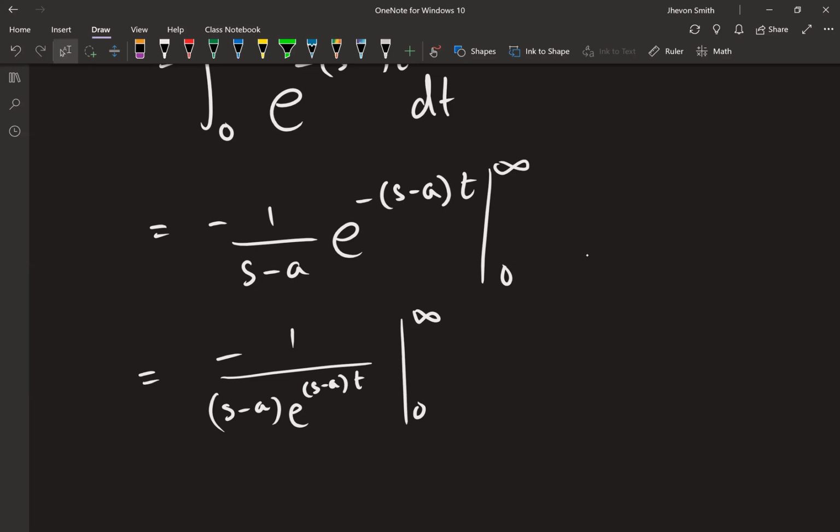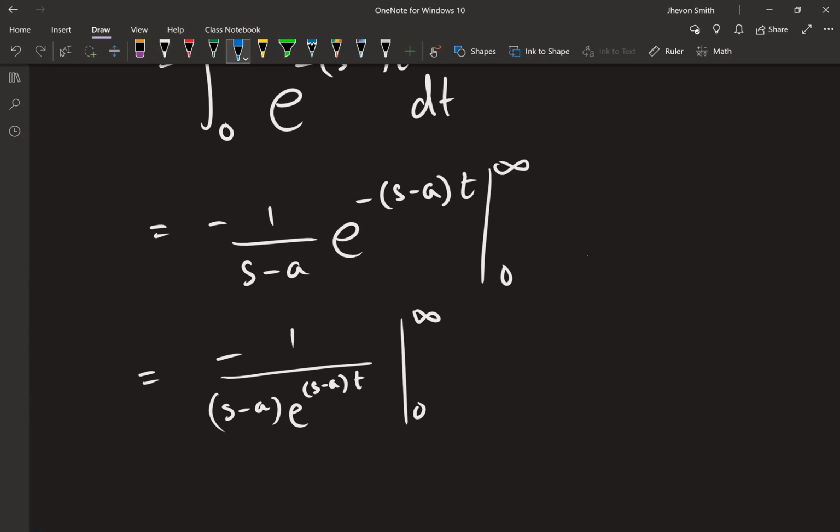So now here's the thing. If I'm going to plug in infinity here, it's going to matter whether this coefficient of t is positive or negative. Because if I plug in infinity for t and the coefficient is positive, then that will go to 0 and that gives me a nice number. However, if the coefficient is negative, then the exponential flips, we get an infinity in the numerator and it would diverge.